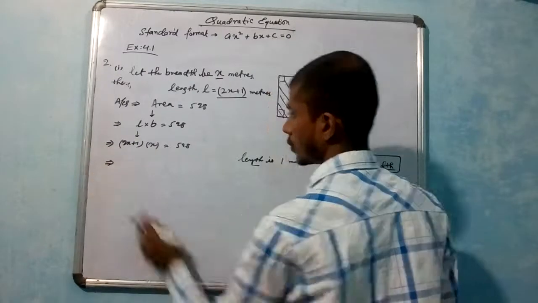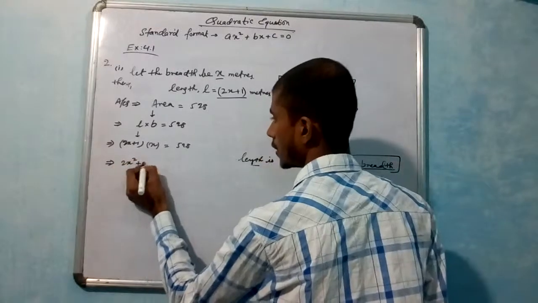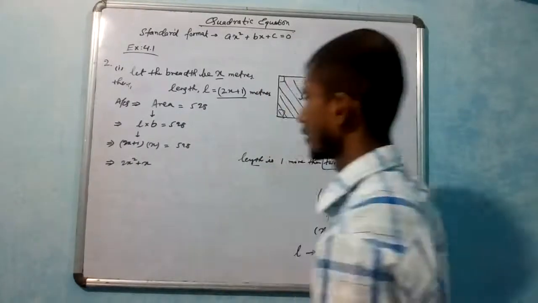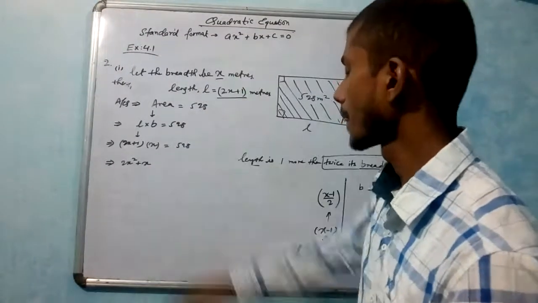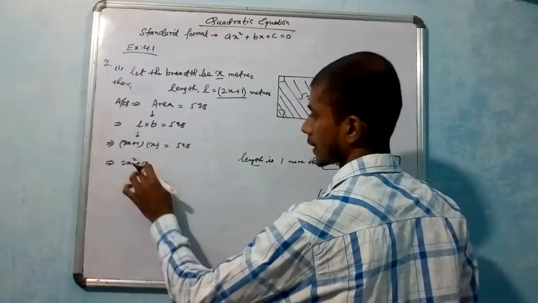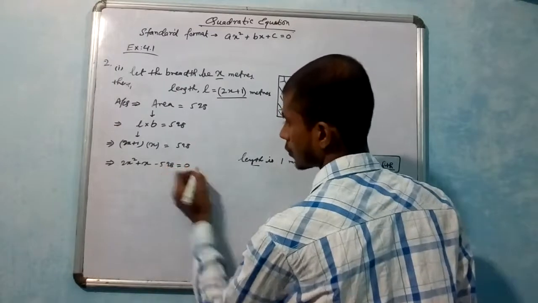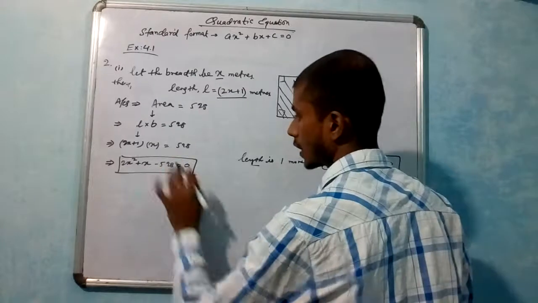Now what to do? Multiply. Open the bracket. So 2x square plus x. I am just trying to bring it into standard form. So 2x square plus x minus 528 is equal to 0. So what have we finished here?